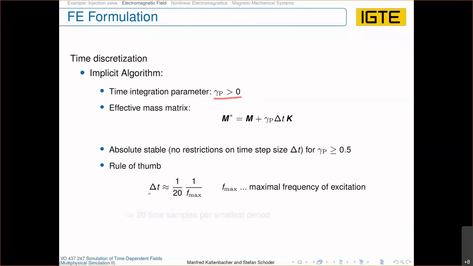And for this case, you get delta t. Okay, so this you should know. You should know your excitation, the right-hand side of your partial differential equation. For us, any current density given in a coil, for example, or any conductor. And this is a rule of thumb in order to get an accurate time discretization, which you can use in practice.